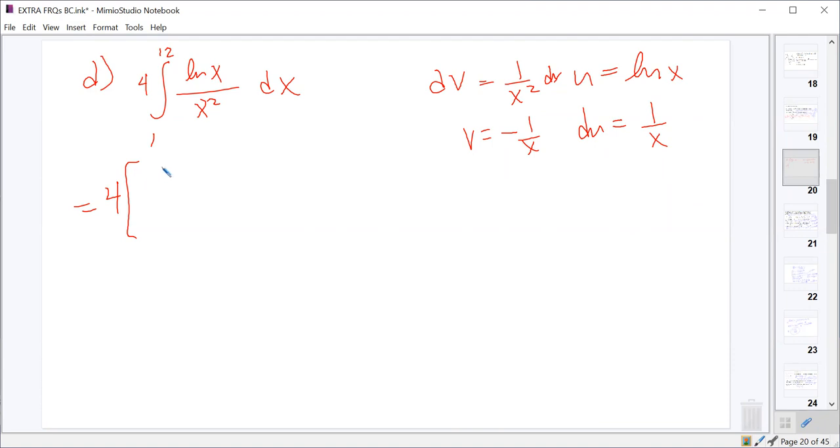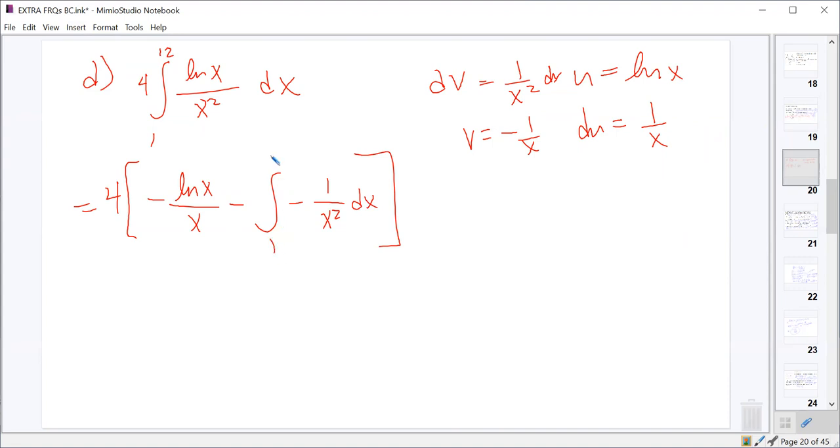So we've got 4 times u times v, so that's negative ln x over x. And then minus the integral of v du, which should be the integral of negative 1 over x squared dx.